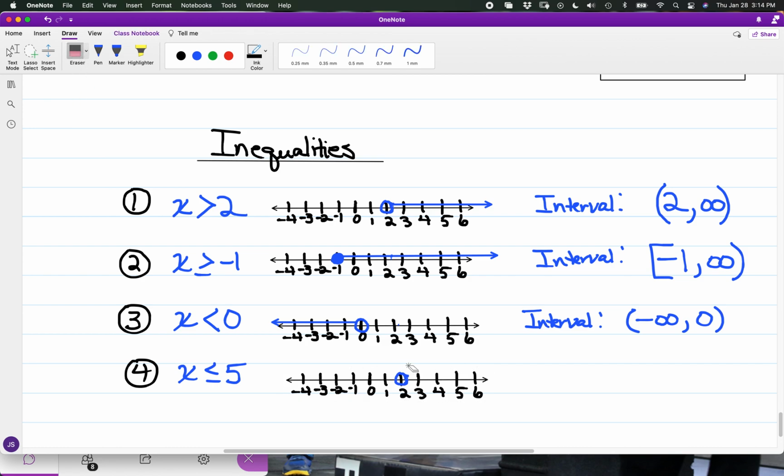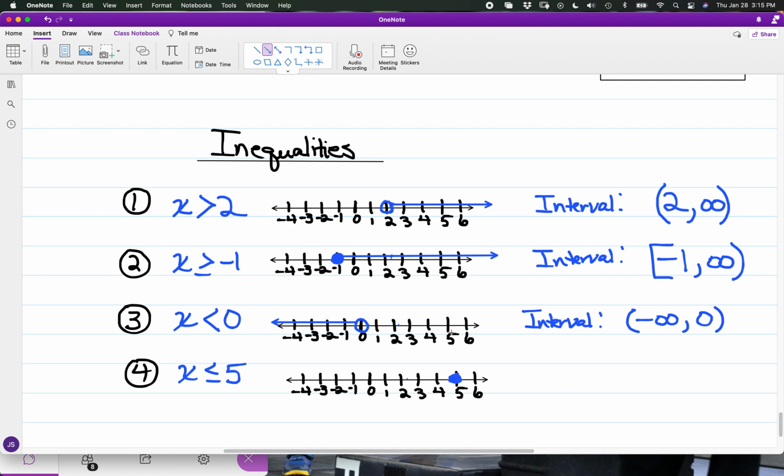The equal sign indicates that 5 is going to be included. 5 is going to be a closed point, and then for the less than portion, again, we're going to have a ray that is going to go continuously out to the left.